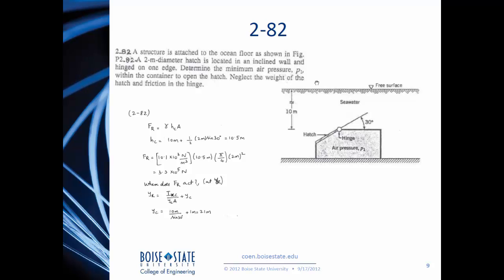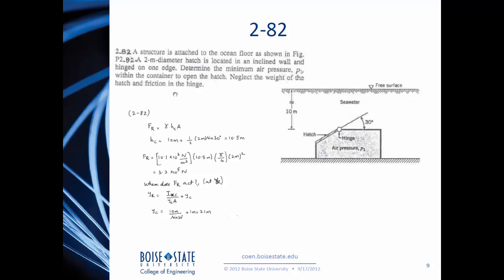And then the resultant hydrostatic force acts at some location, which is YR, which is nothing but IXC over YC times A plus YC, where Y is measured along the plate. So YC is 10 meters over sine 30 plus 1 meter, which is the radius of the hatch.